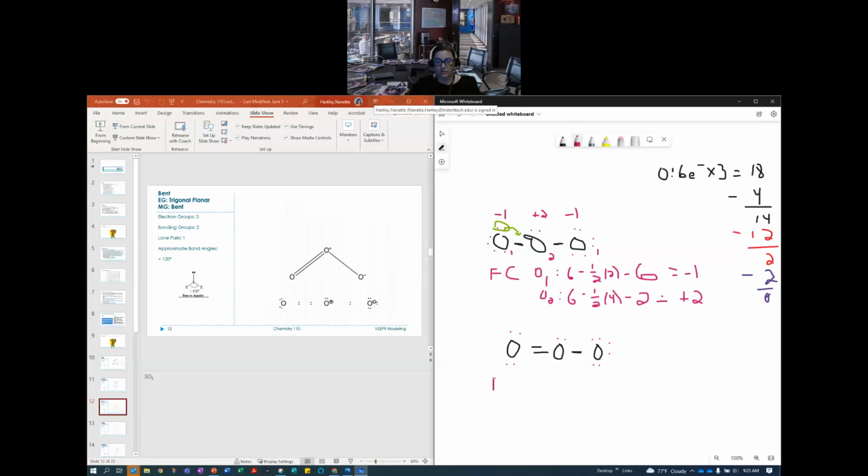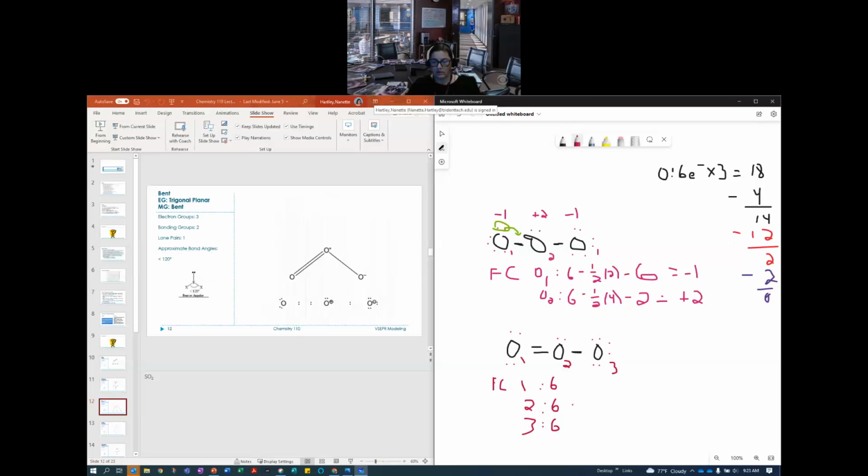So formal charge, we're now going to call that 1, 2, and 3 because each of them is different. I'm just going to talk about them as 1, 2, and 3 because it doesn't really matter how I do this. I know that I have 6 electrons for each of them that I'm supposed to deal with.